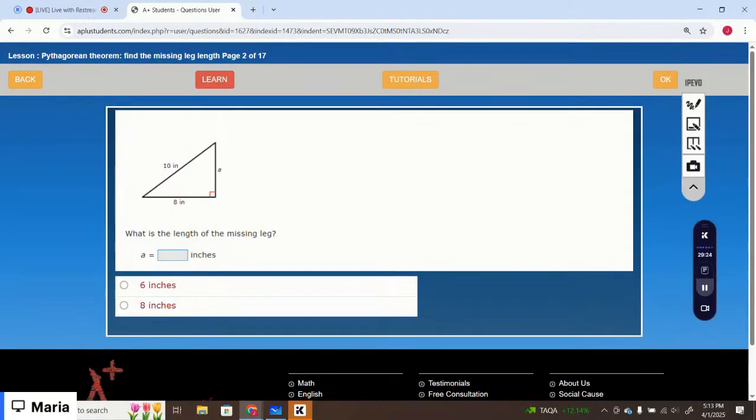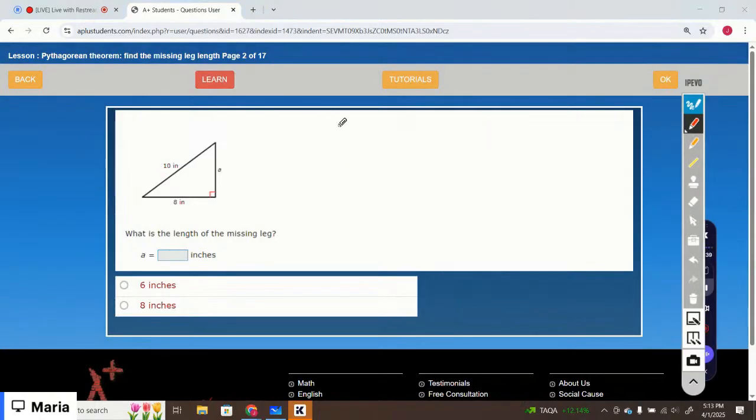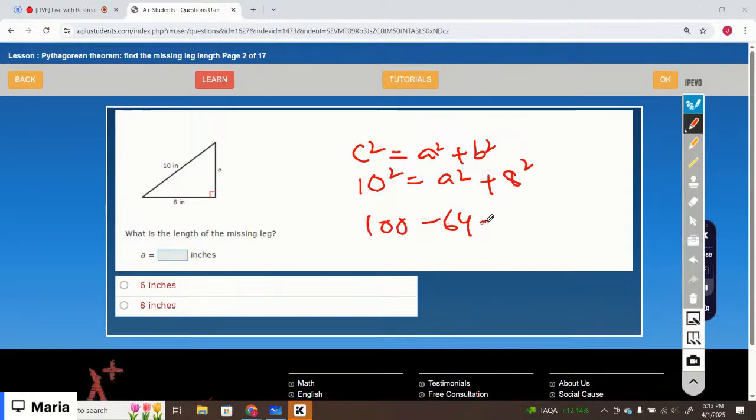Okay, what is the length of the missing leg? We need to find the value of a. C square equals a square plus b square. C is 10. 10 square equals a square plus 8 square. 100 minus 64 equals a square.